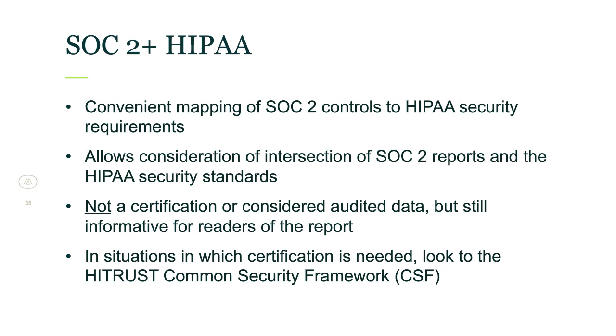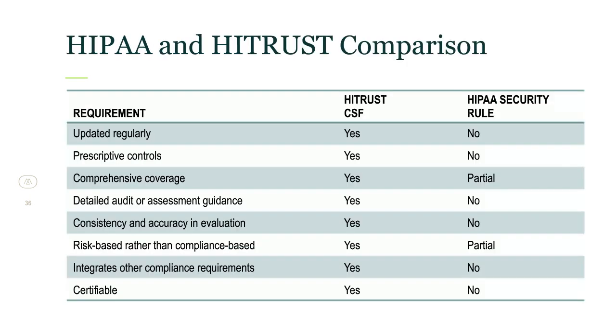Now, if we really want to do a quick comparison of HIPAA versus HITRUST, what we wind up finding is that HITRUST really does provide a very specific, updated platform that not only covers HIPAA, but also provides a mapping against other security frameworks, such as PCI, such as Texas health requirements, such as NIST or FedRAMP.